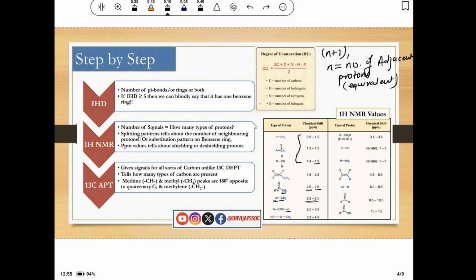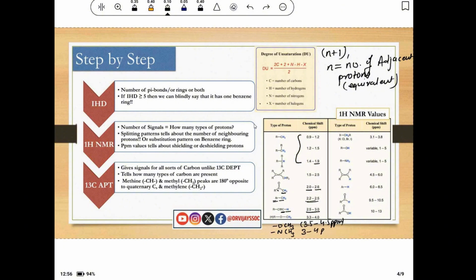When the proton is attached to the acetylene carbon, which is sp hybridized, then its value comes between 2.5 to 3 ppm. The most important value is also when oxygen is attached to the methyl group, then it comes from 3.5 to 4.5 ppm usually, or when it is attached to the nitrogen, then it comes slightly lower, from 3 to 4 ppm.